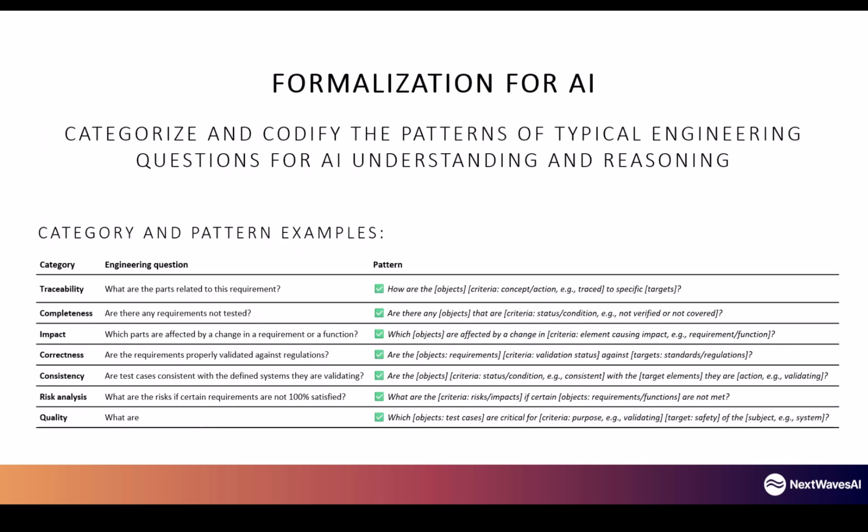Given this virtually unlimited number of questions engineers can ask, and the corresponding risk of LLMs drifting and hallucinating, I really needed to find a way to constrain ambiguity and improve consistency. To do that, my approach has been to formalize questions into structured query intent patterns grouped by engineering purposes, like you see on that table: traceability, completeness, impact, risk, and so on.